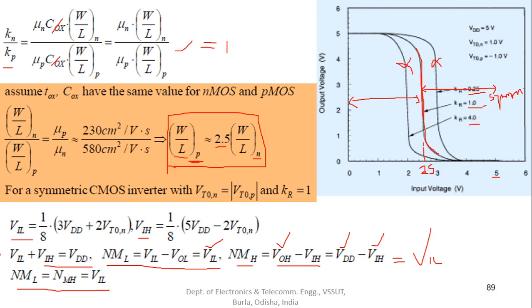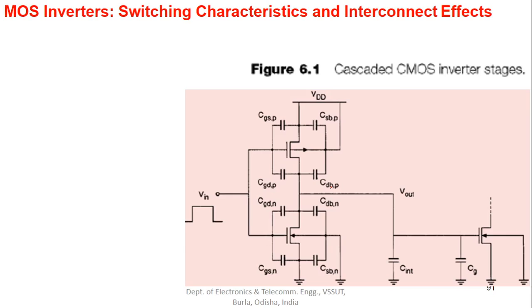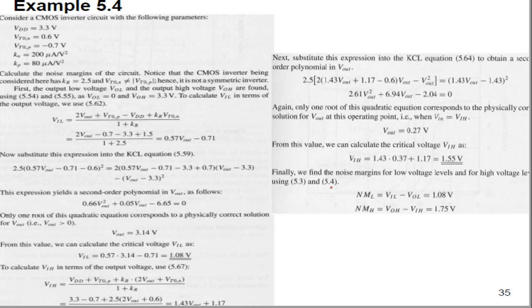So this was about CMOS inverters and the various derivations, and some designing constraints, some design points of view related to symmetric inverters. Then there is one example taken from the book by Kang here.